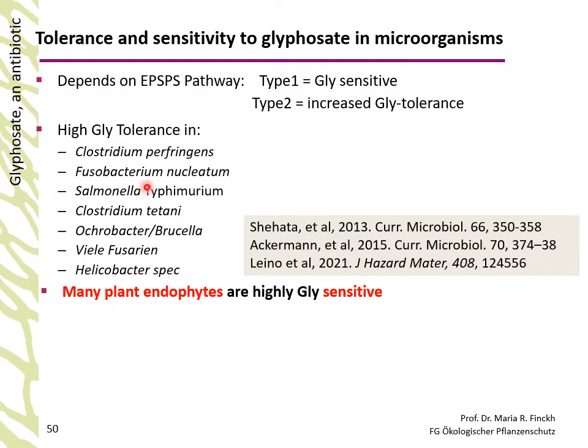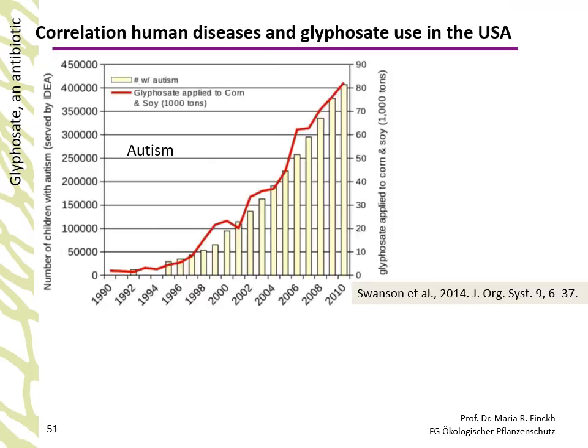That means with glyphosate residues, we favor pathogens and we may disfavor important endophytes. And we know, for example, in the human gut, a large percentage of the gut microflora is glyphosate sensitive, and Lino et al. give a nice overview on that. And that means it is clear this will influence animal and plant health.